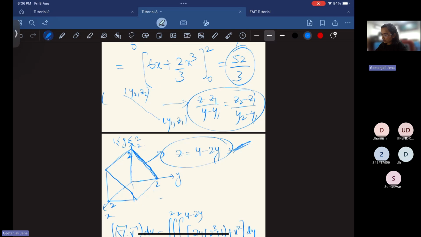For y2, z2, this is 0, this is 2, and y2 is 1, right? And this is y1, z1 is 0. Okay, I think the length of the intercept is 1. Yeah, the magnitude is 1.